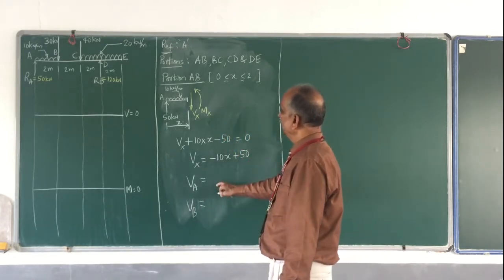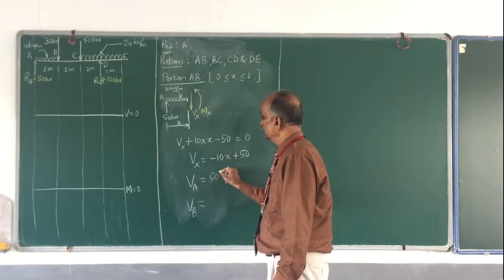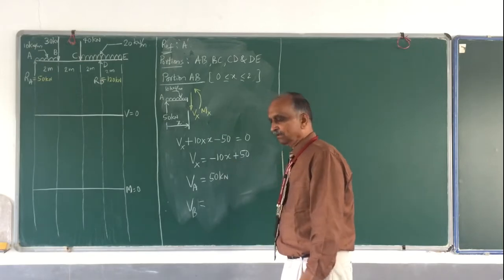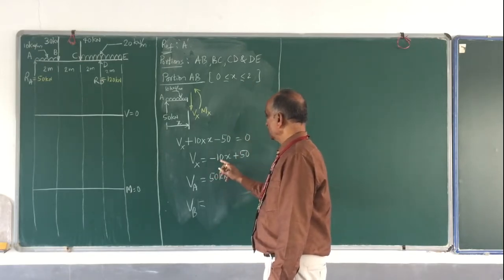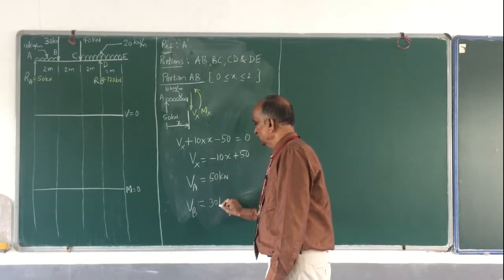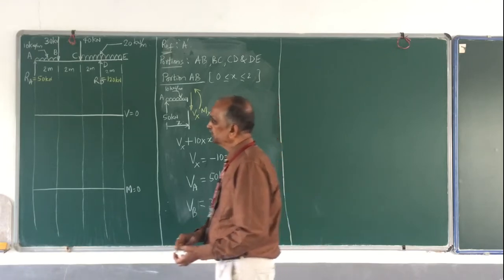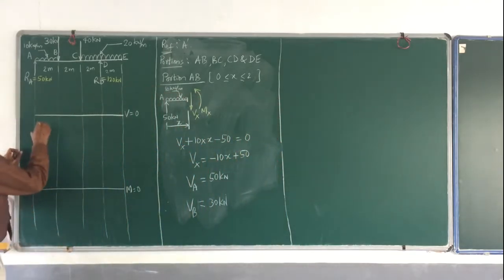So shear force at A, for that x is 0, that means it is 50 kilonewton, it is plus. And shear force at B, for that x is 2. So minus 10 into 2, minus 20 plus 50, this is 30 kilonewton. So very simple, complete it. So shear force at A is plus 50.